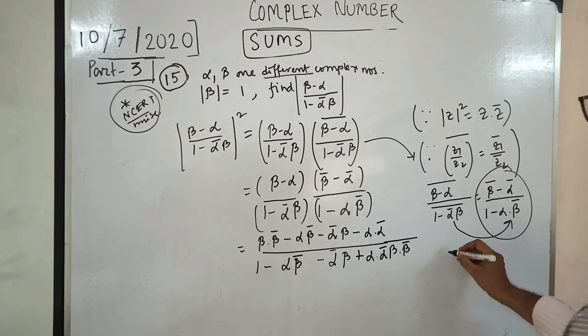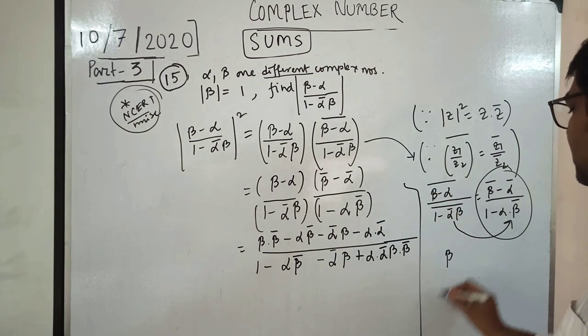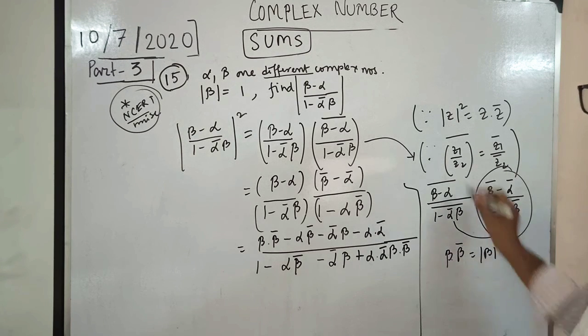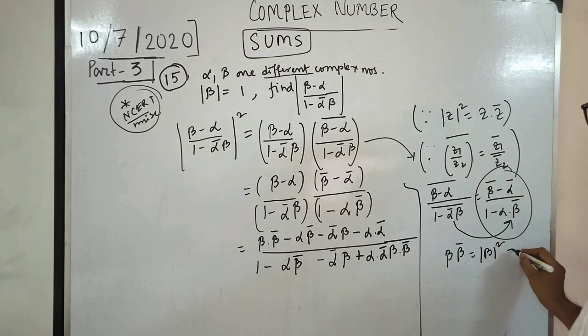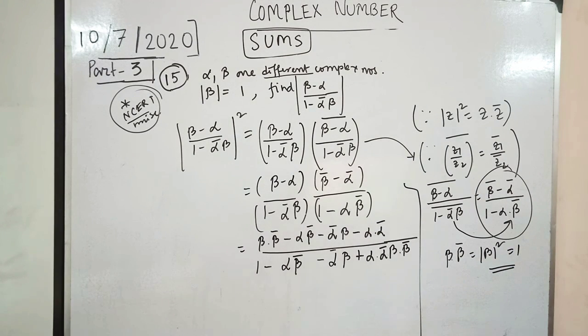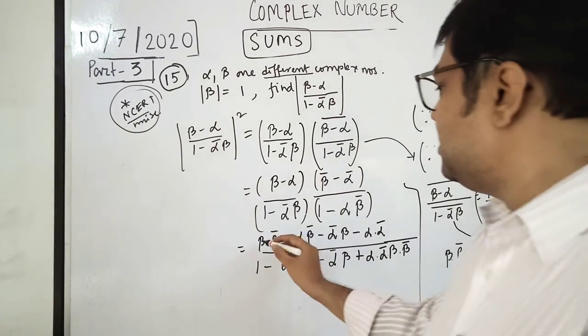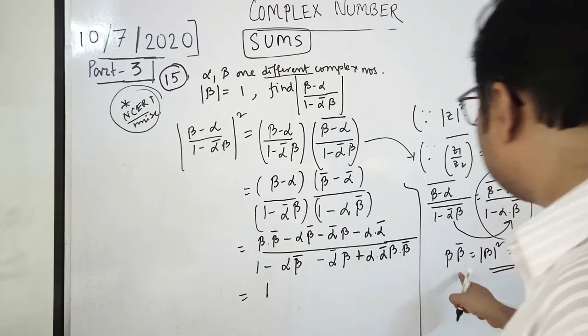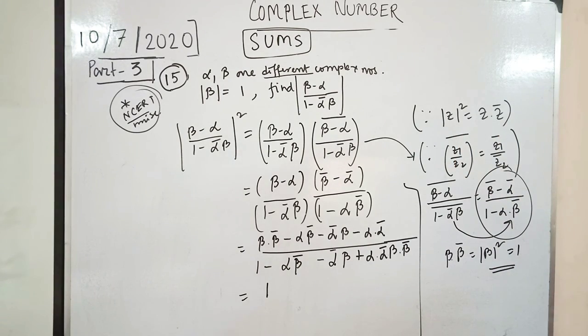Now beta bar. What is beta bar? Beta into beta bar is mod beta square as per the first property. So this is given as 1. Why? Because mod beta is 1. So here we can put beta beta bar as 1. Why 1? Because it is mod beta square which is 1.